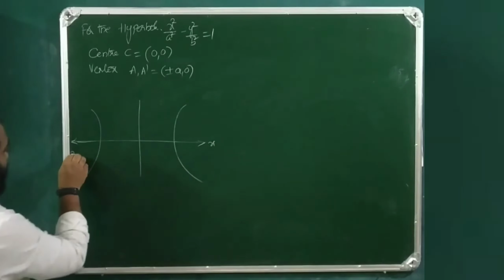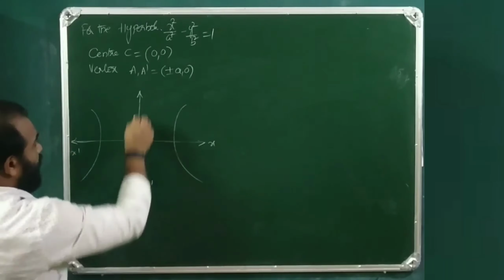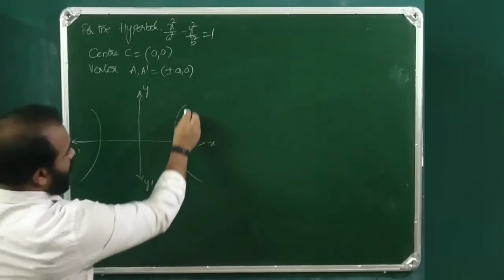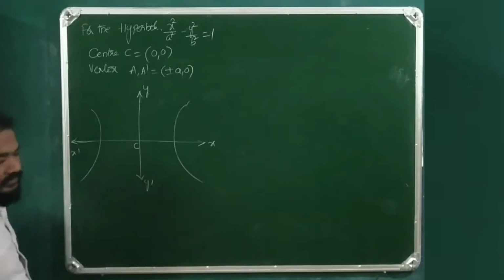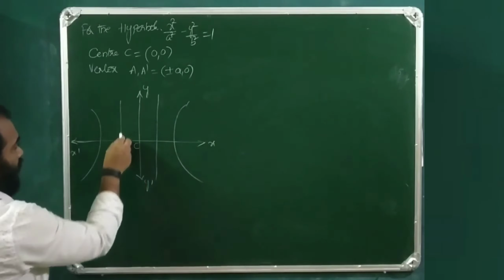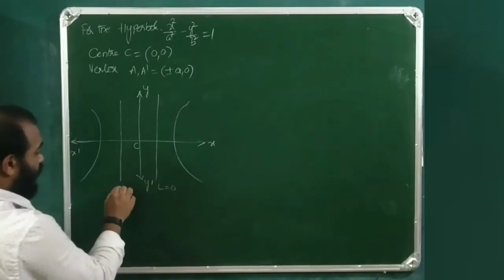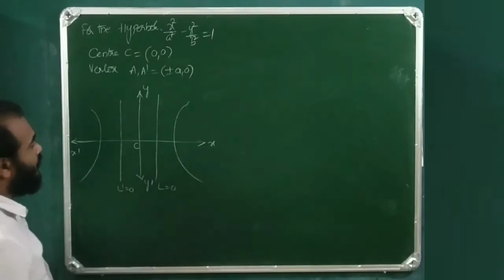X dash, y dash. So this is the center of the hyperbola. These are the directrices, L equals to 0, L dash equals to 0.